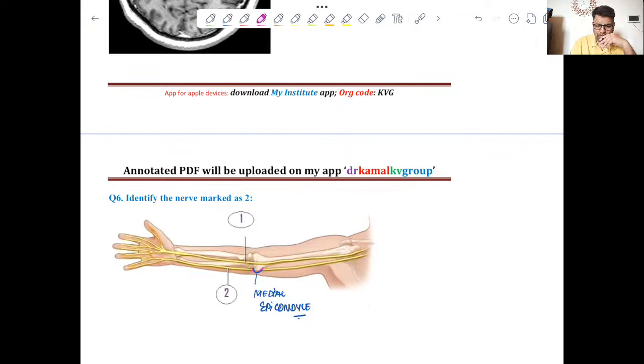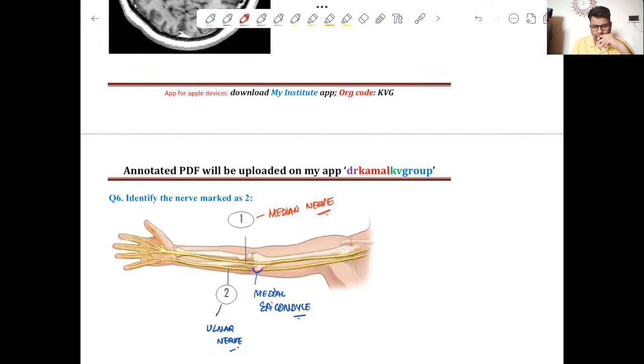So obviously this nerve is ulnar nerve. Clear? The other nerve is passing in front of the elbow, and this is the median nerve. Right? So median nerve passing from the front of elbow and ulnar nerve passing behind the medial epicondyle.